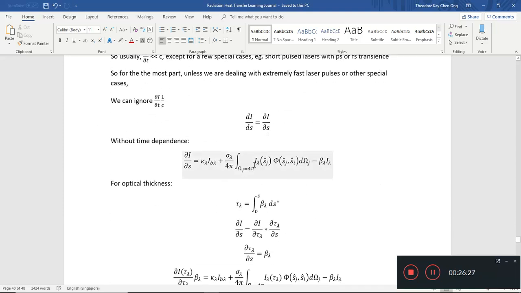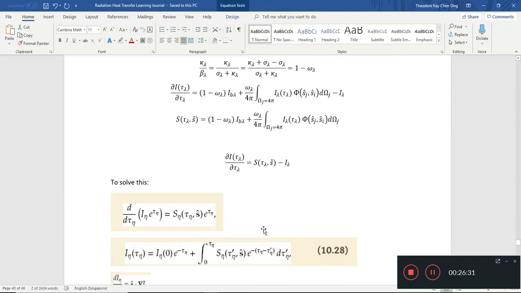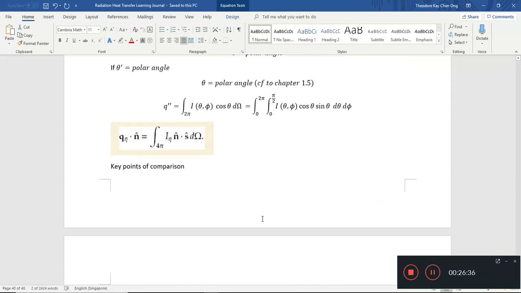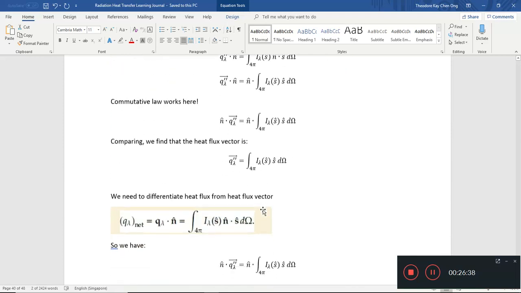DIDS equals to all of this. Okay, remember this is for a more or less constant radiation field.